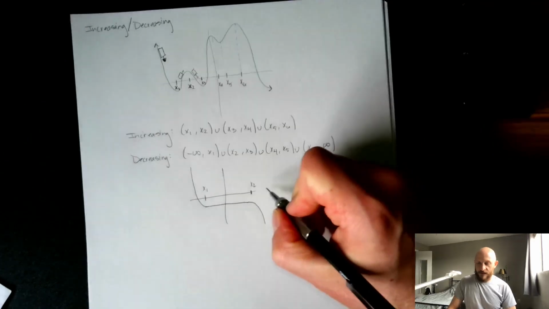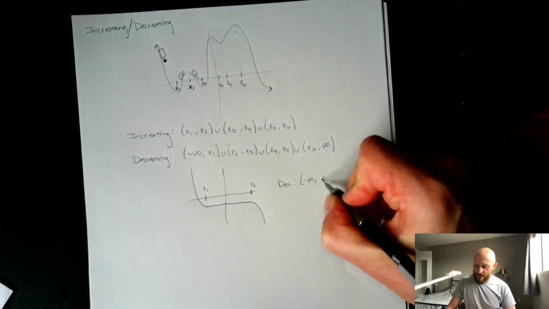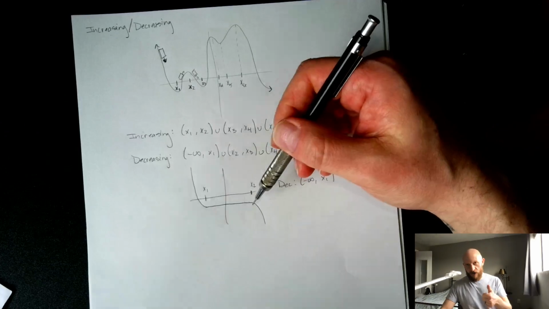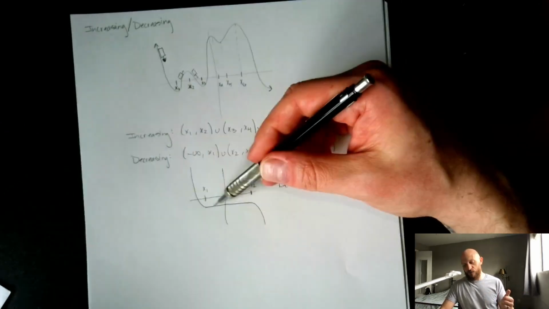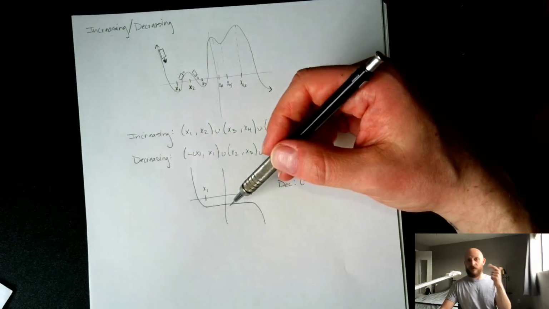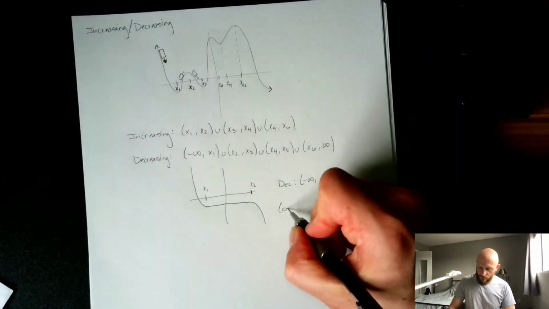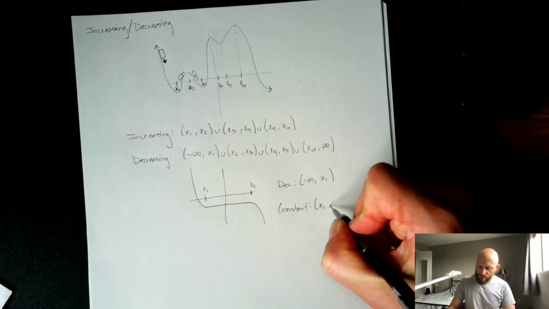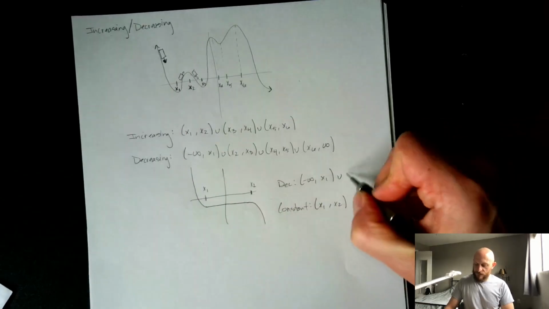So this graph would be decreasing from negative infinity to x1, and then from x1 to x2, it's not decreasing. Assume that this is a perfectly straight line that I drew. From x1 to x2, it's not decreasing. It's also not increasing. It's constant. So it's constant from x1 to x2, and then beyond x2, it's decreasing again.